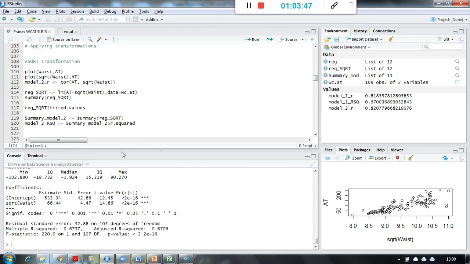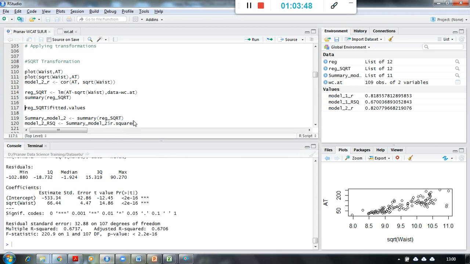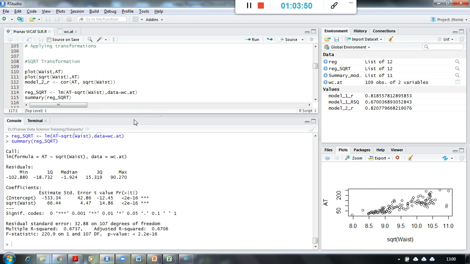Now I am going to move quickly, guys, because we have understood a lot in detail. This is the summary of the regression square root model. The formula was AT tilde square root of waste, and you see over here 107 has become 102 now, which means my error has improved, meaning the error has reduced.